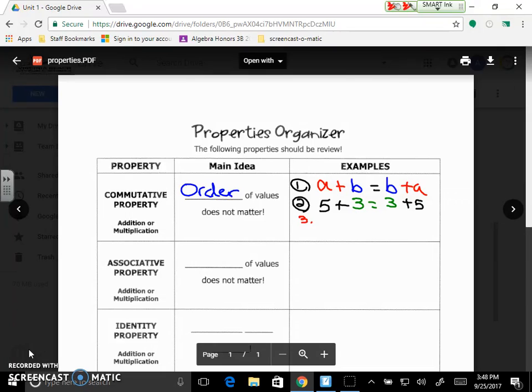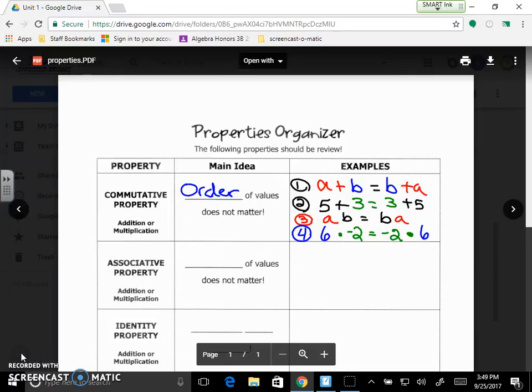So number 3, when we multiply A and B, we could have B and A. Another example, last one, 6 times a negative 2 is equal to negative 2 times 6.